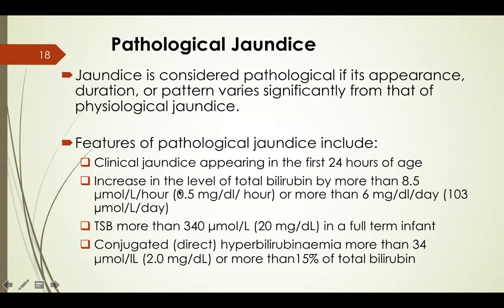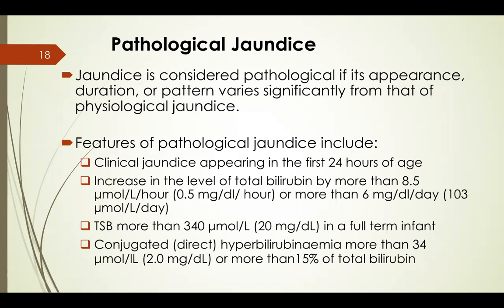Okay, pathological jaundice is very crucial for you to understand. On and off, I'm asking this question because you need to remember pathological jaundice. It's something very crucial. Jaundice is considered pathological when the duration is less than 24 hours.